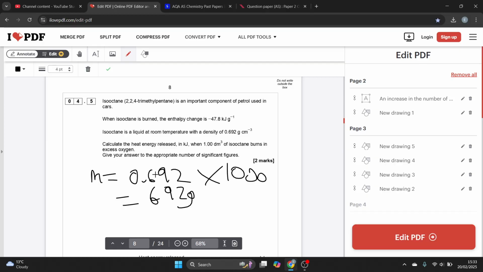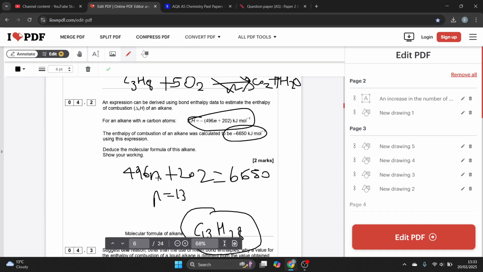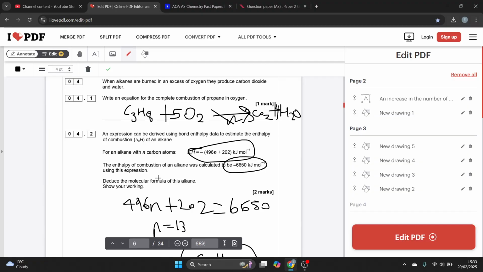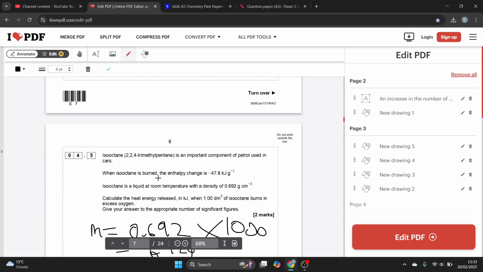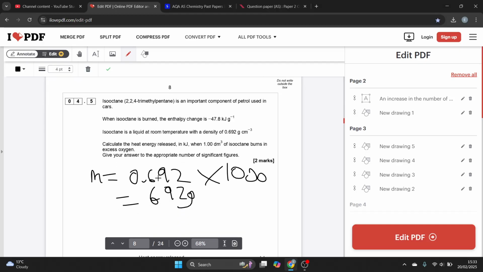Therefore, to find out the heat energy released, well then, isooctane, so 692 divided by the Mr gives the moles of isooctane.